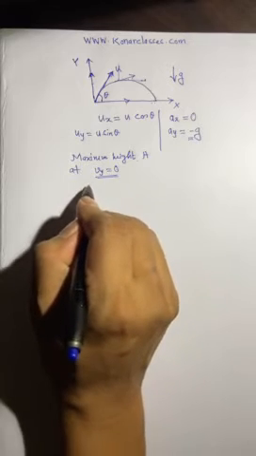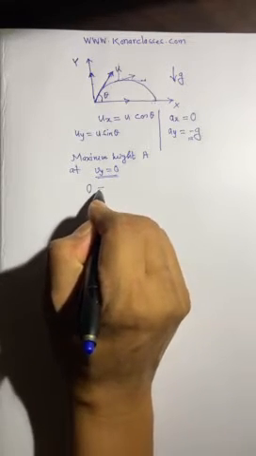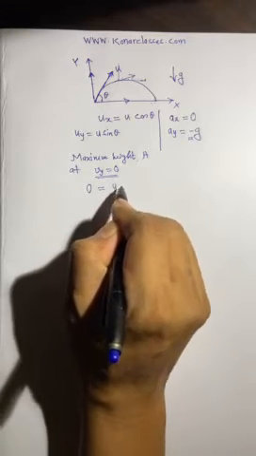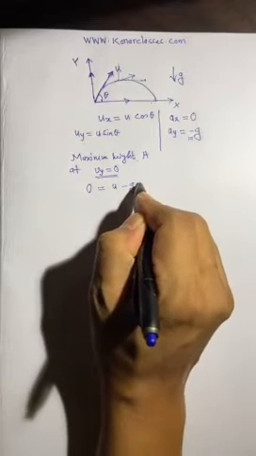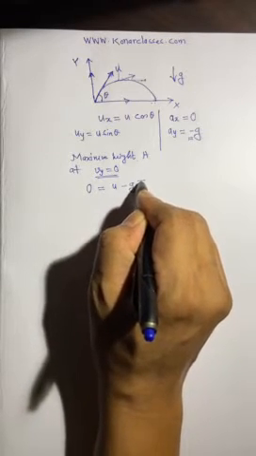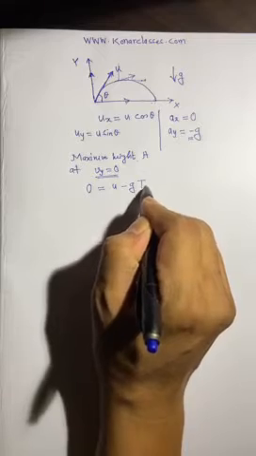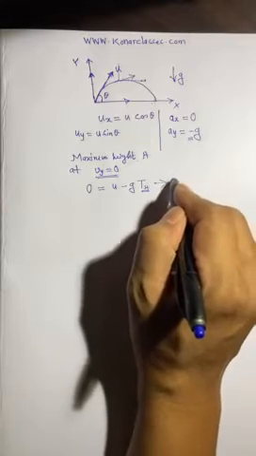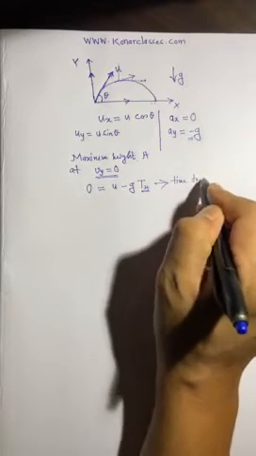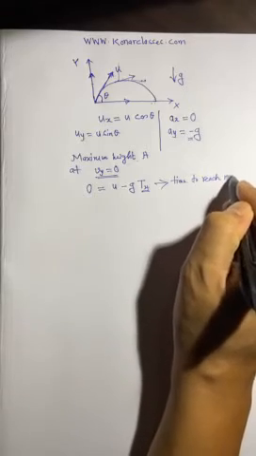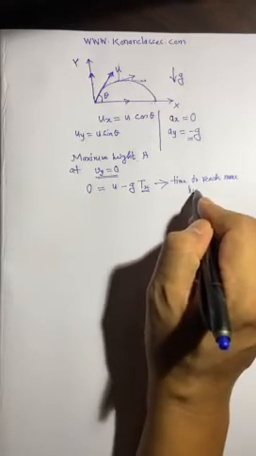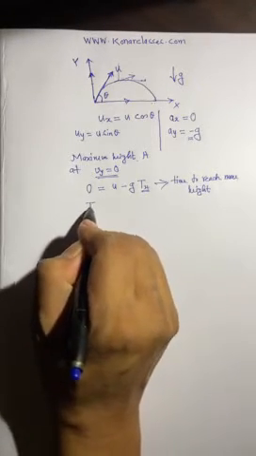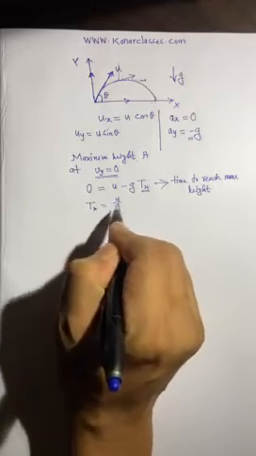Then if we put it into the formula V equals u minus g t, where t is the time to reach maximum height, we get th equal to u by g.